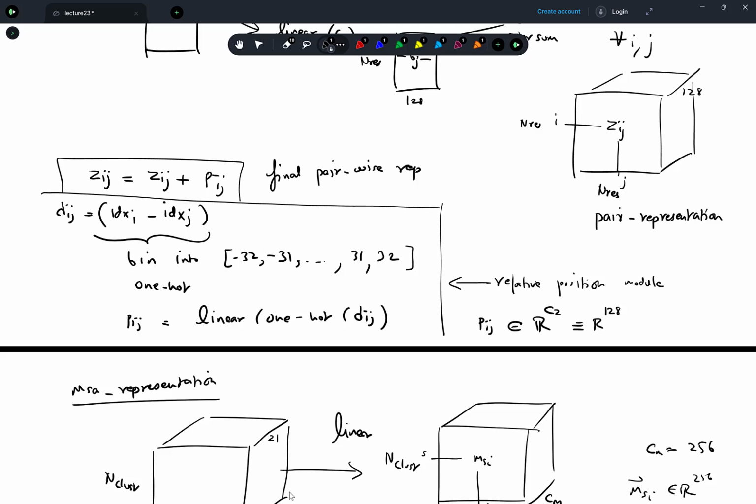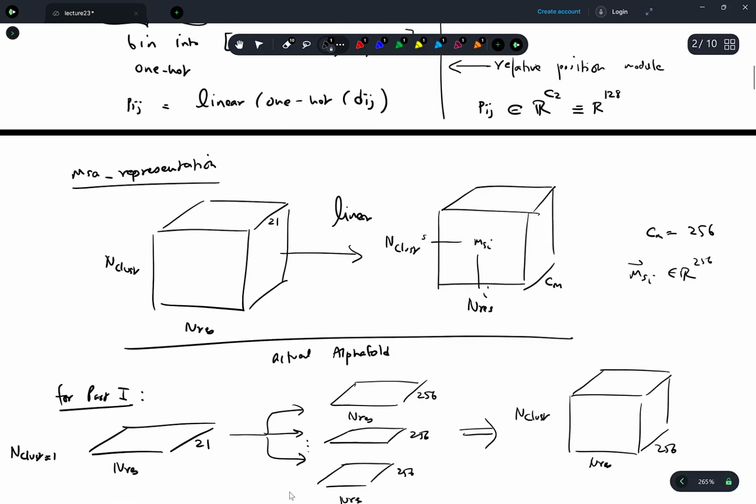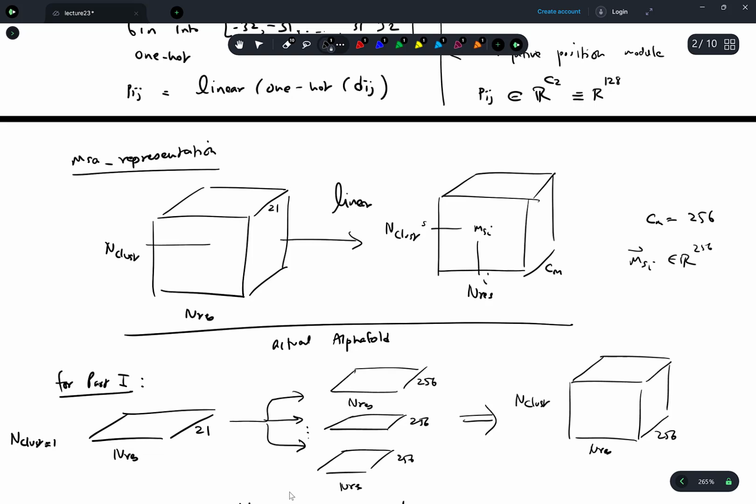I refers to a position in the number of residue axis. So you've got MSI coming in and MSI going out. Before we do one more step on this, MSI is simply a linear projection from 21 dimensions to 256 dimensions. That's all; just a linear layer is all we need.